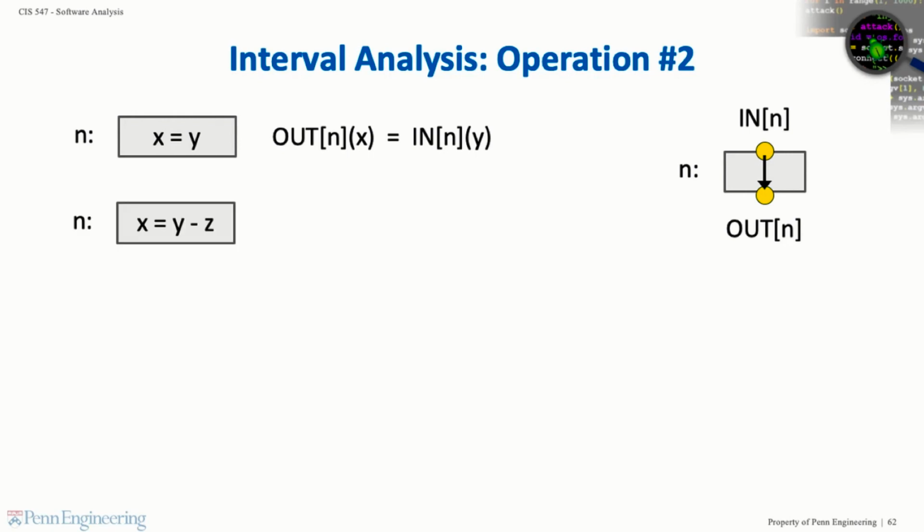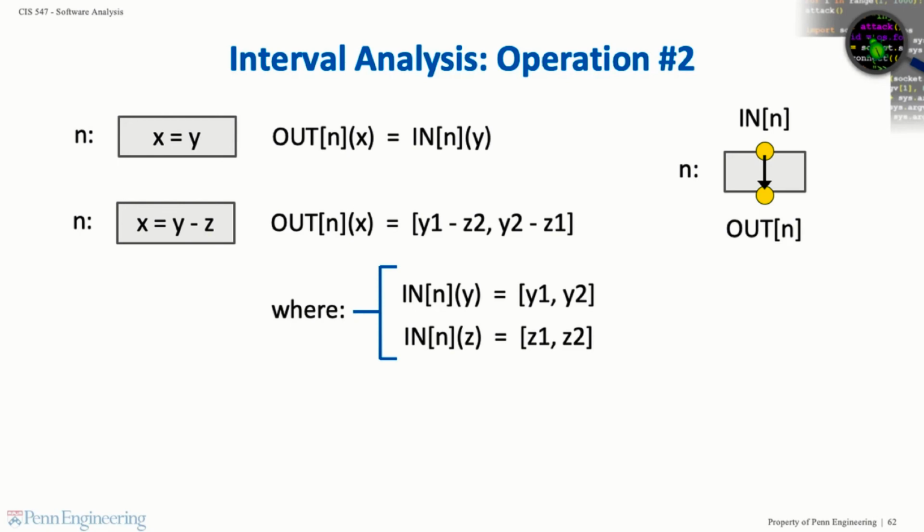Next, let us look at the subtraction statement in the while language. If the statement at node n is a subtraction statement in which y is subtracted from z and the result is saved in x, then the interval of x at the exit of node n depends on the intervals of y and z at the entry of node n.